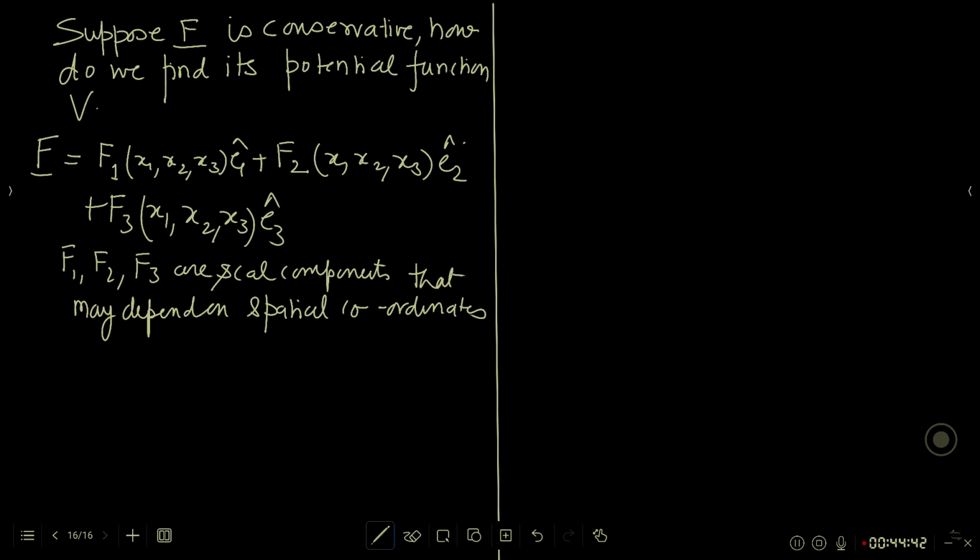Now if this force is conservative, then F dot dr will be minus dV, since F is known to be conservative.